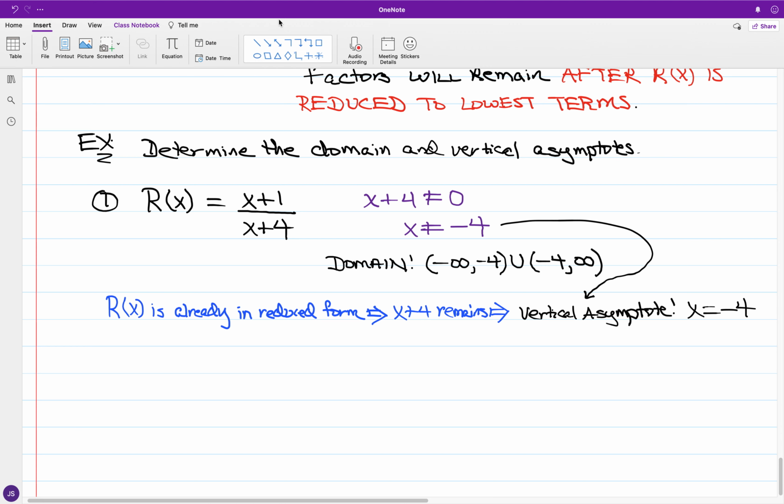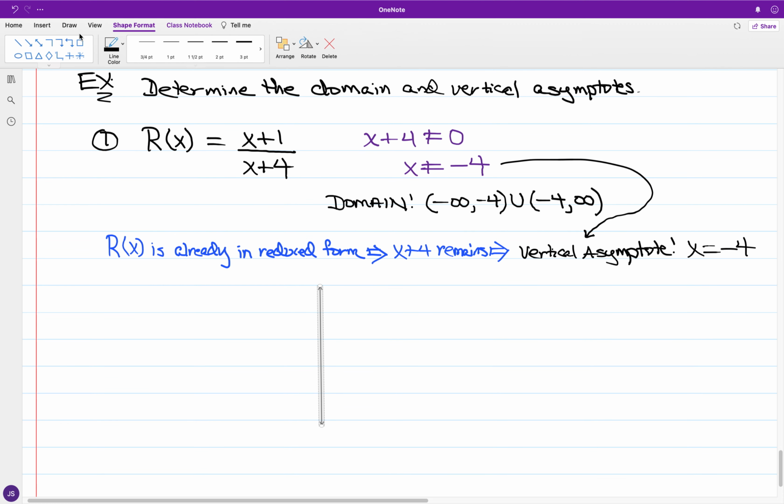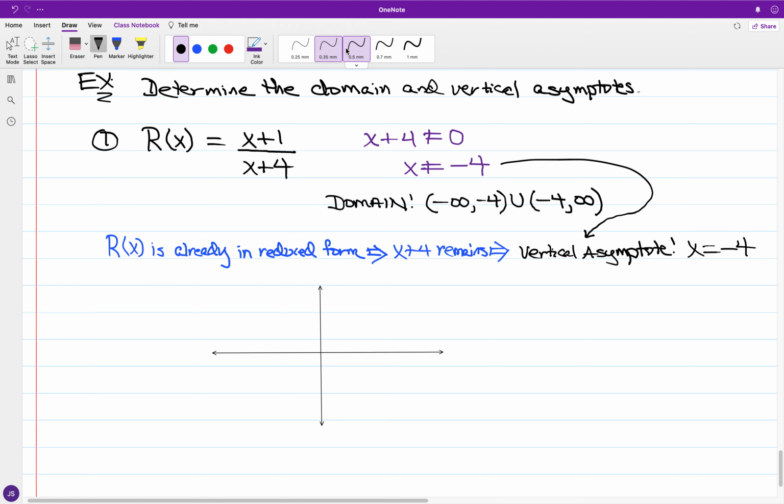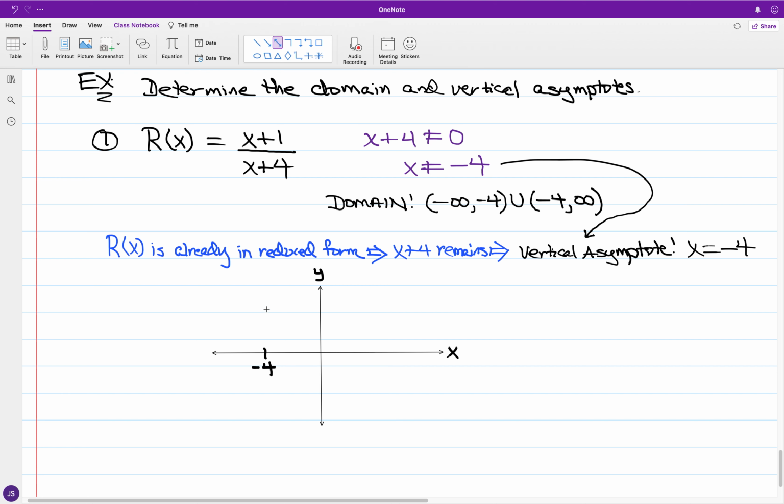And to provide a bit of a visual, just doing a bit of a quick sketch case. So we have the focus at negative 4. And x equals negative 4, that's going to be the vertical asymptote.